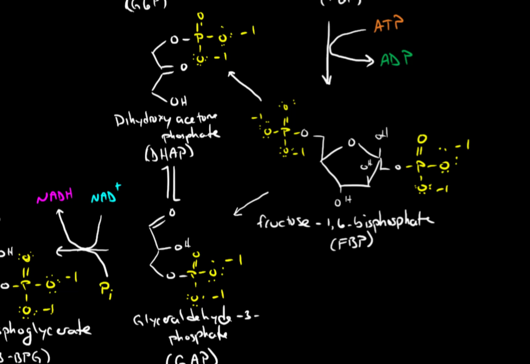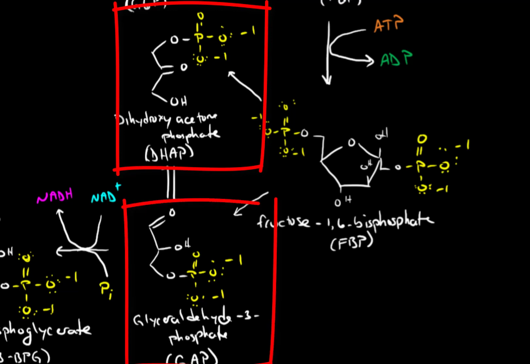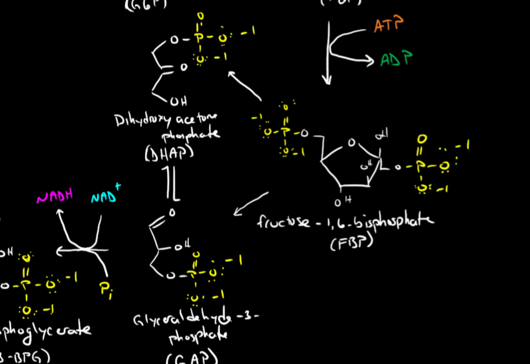When this happens, we make 2 molecules, one called dihydroxyacetone phosphate, and the other glyceraldehyde 3-phosphate. In this splitting process we end up with 2 products, but ultimately we want to convert the dihydroxyacetone phosphate into glyceraldehyde 3-phosphate, because that's what we need to move on in glycolysis.